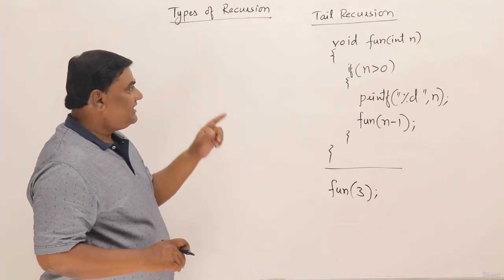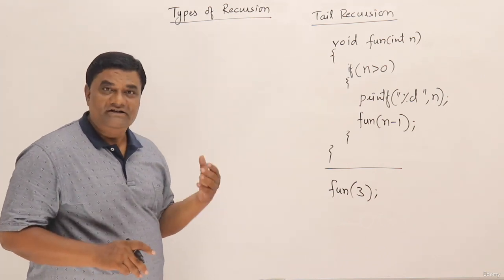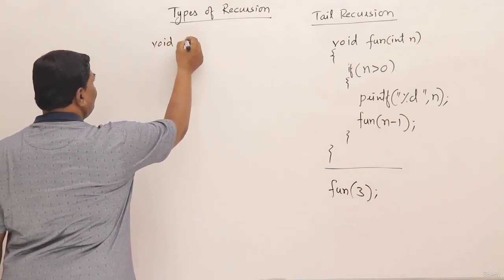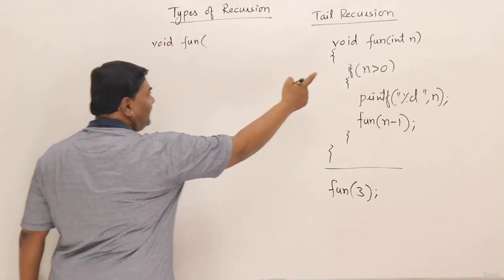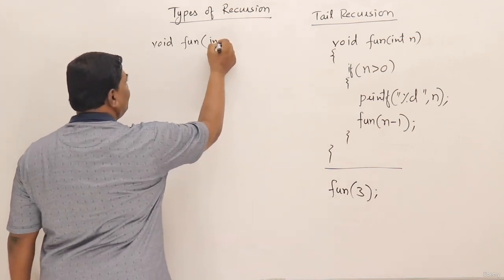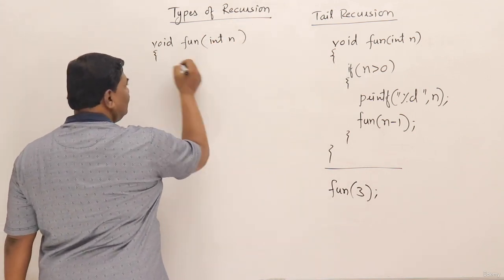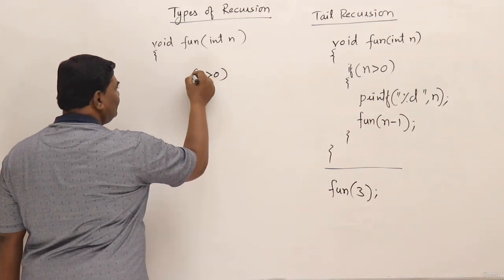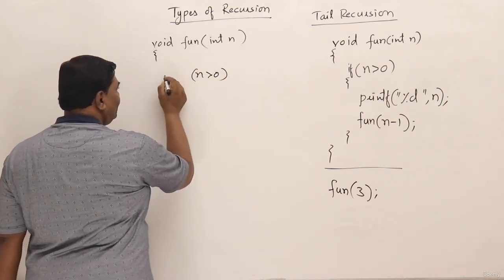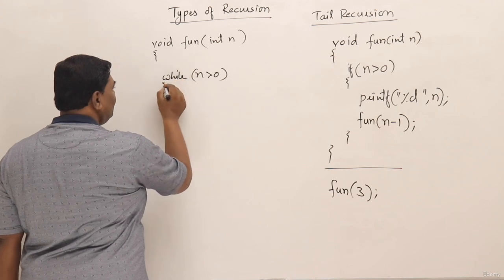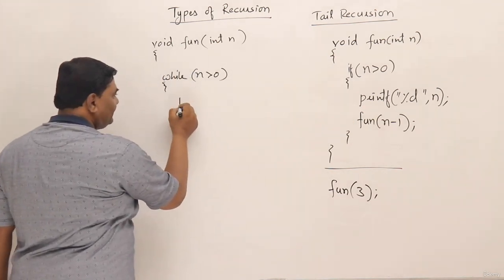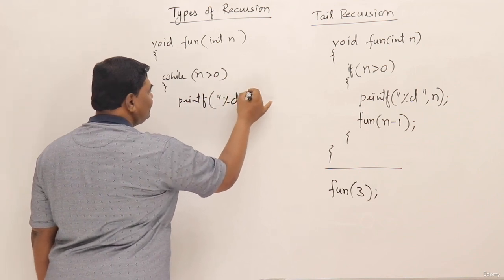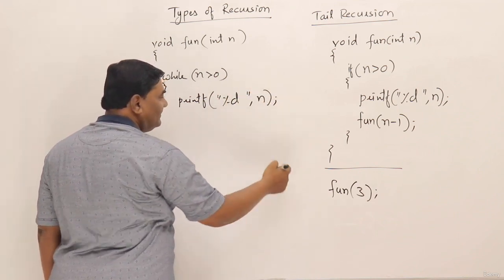Now the same function, I want to write it using a loop instead of recursion. So I will write the function here, void fun, which takes parameter n, and the first thing is n greater than 0. I will write n greater than 0, but instead of if, I will write while. Then inside it, printf percent d and some space, n.